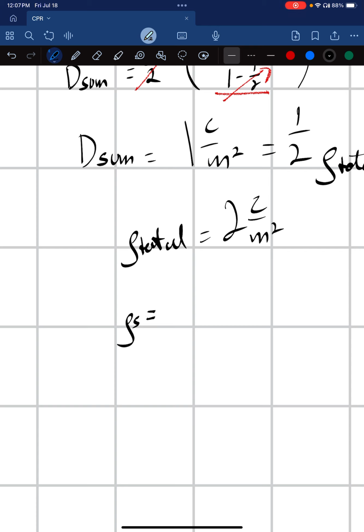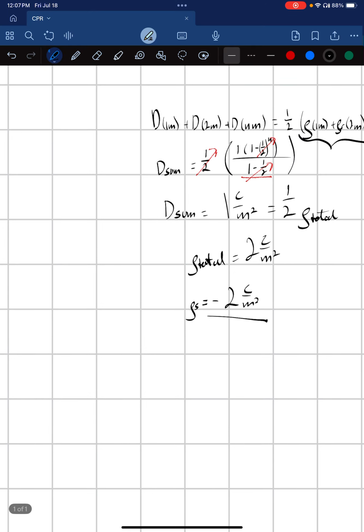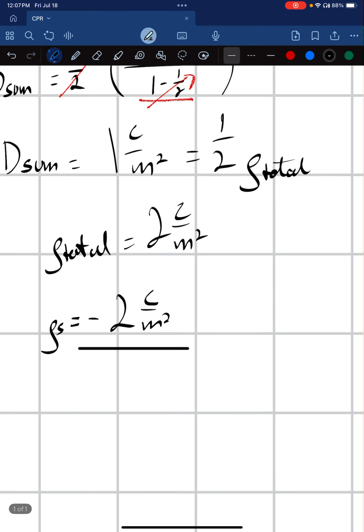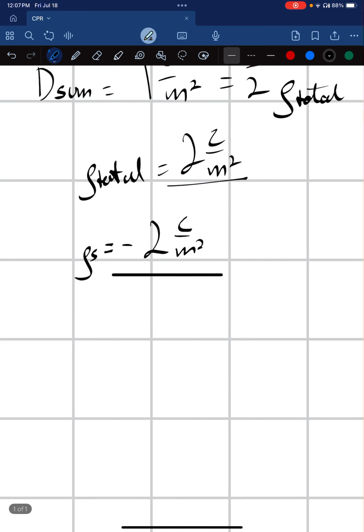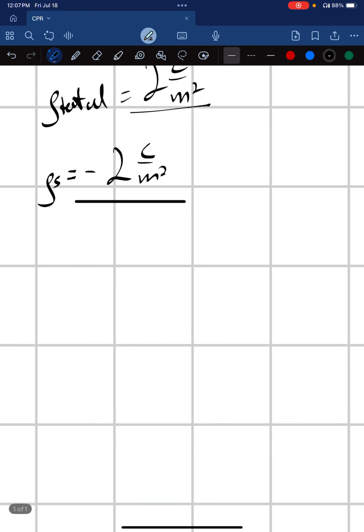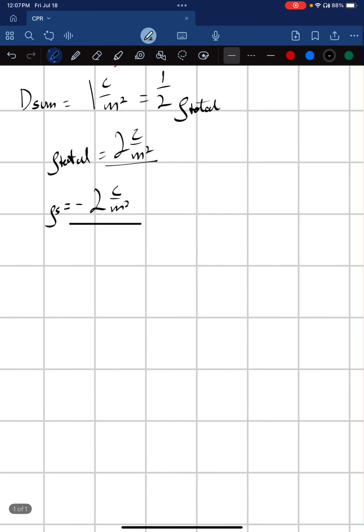Rho sub s is equal to -2 coulombs per meter squared, because this is what we will need our surface charge density to be in order to create an electric flux density to cancel out all the other ones, so that the electric flux for z less than 0 is 0. So this will be our answer.